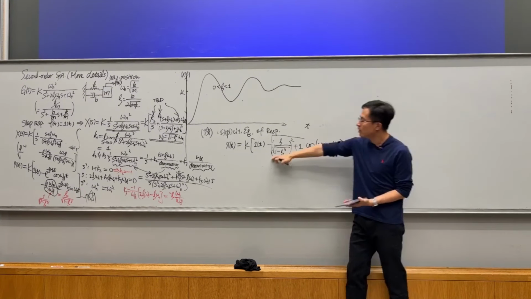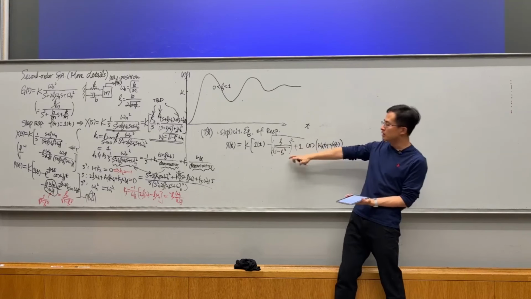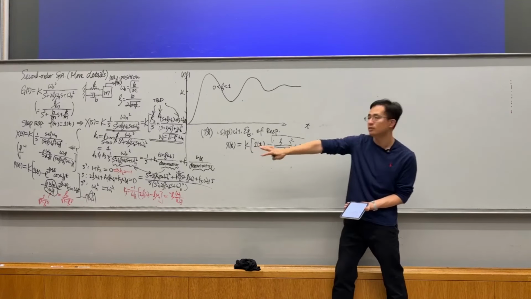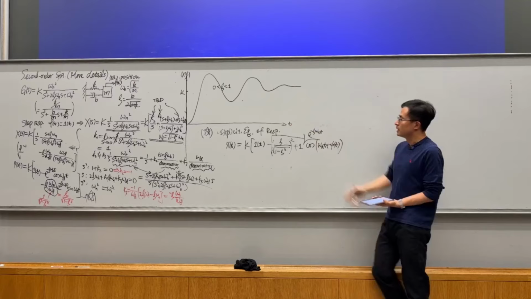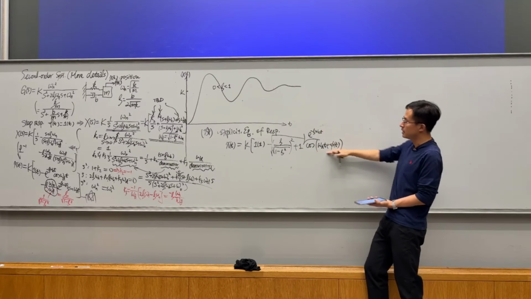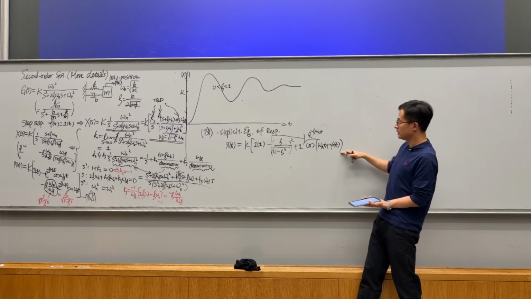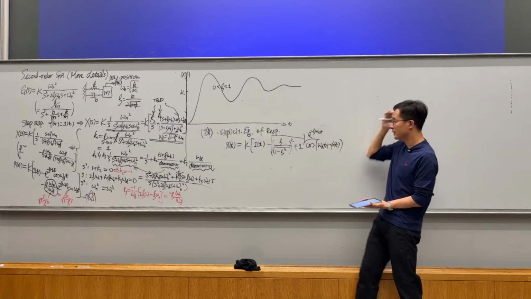The overall magnitude is going to be the square root of the sum of squares of the magnitudes of the individual sine and cosine functions, and then an exponential decay and a cosine function with a phase shift.